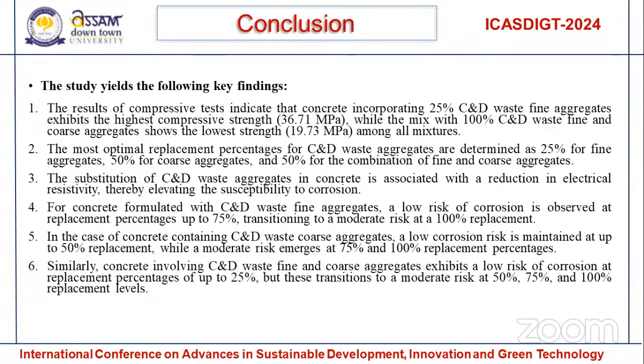In the case of concrete containing CND waste coarse aggregate, there is a low risk of corrosion up to 50% replacement, while a moderate risk is at 75 and 100% replacement percentages. And lastly, when the concrete involves CND waste with fine and coarse aggregate in combined form, it exhibited low risk of corrosion up to a replacement percentage of 25%, but this transitions to a moderate risk at 50% and higher, up to 100% replacement level.